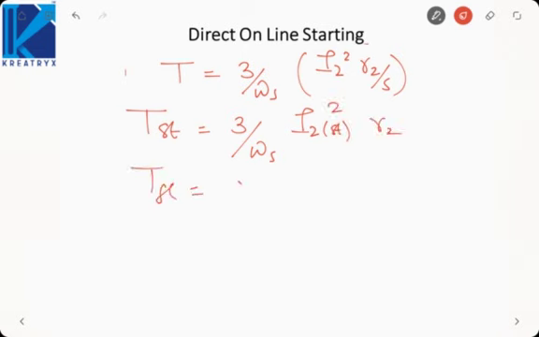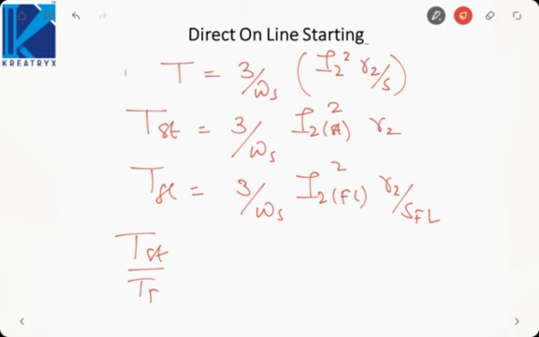Full load torque will be 3 by omega s I2 full load squared into R2 by full load slip. So if I take the ratio, starting torque by full load torque will be I2 starting by I2 full load squared into S full load.